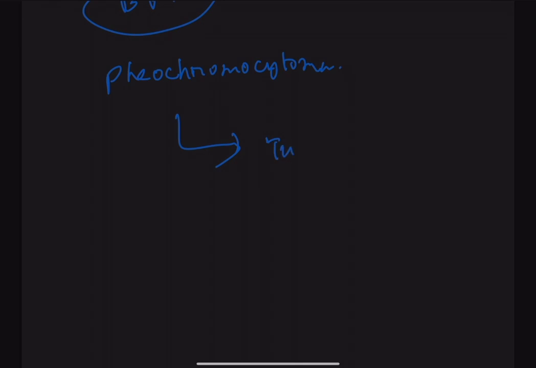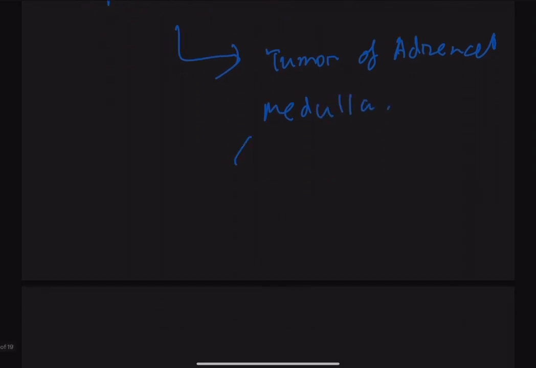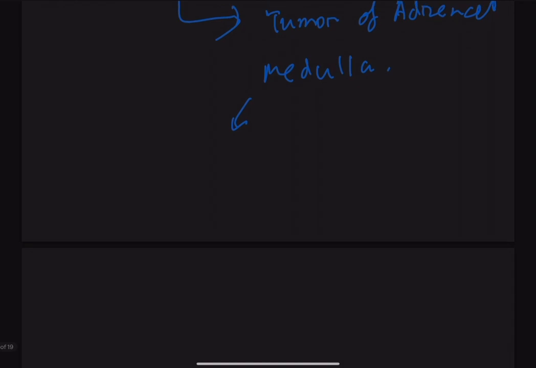This is the tumor of adrenal medulla. And when there's a tumor of adrenal medulla, it increases the norepinephrine and epinephrine secretion from the adrenal medulla.